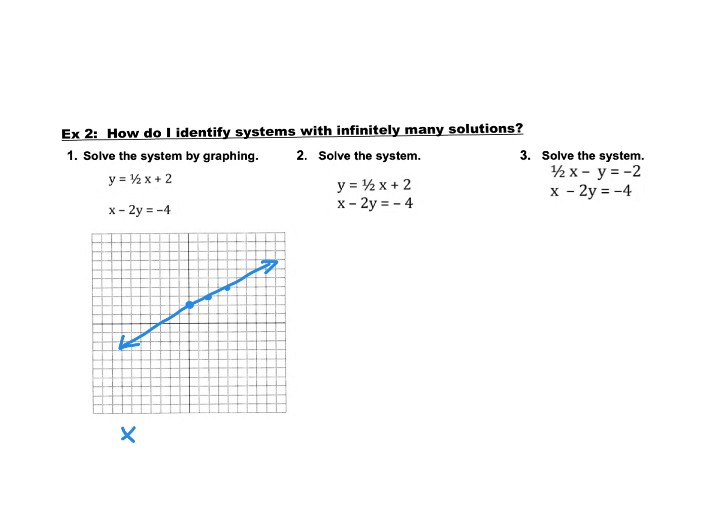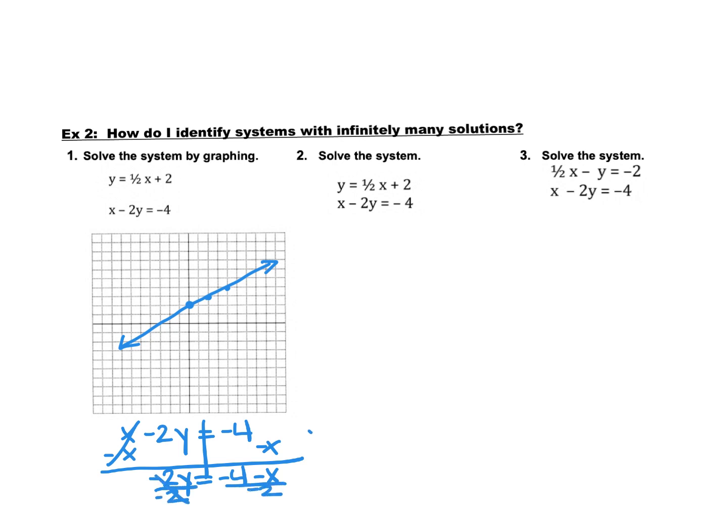So we have x minus 2y is equal to -4. And so we're going to minus the x. And then we have -2y is equal to -4 minus x. Well, I have to divide by -2.